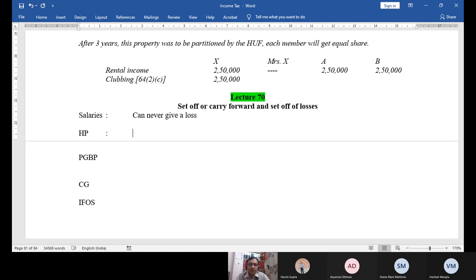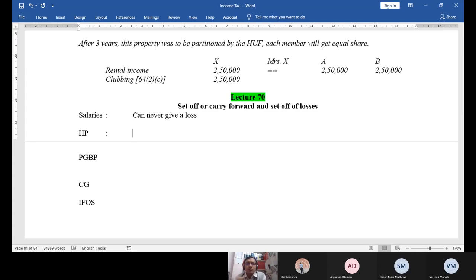This is sure. In fact, self-occupied properties have higher chances of negative income than let-out property, but that is none of our concern. I'm concerned with negative income, whether for let-out or self-occupied property, and for whatever reason. So it is possible that house property shows you negative income.